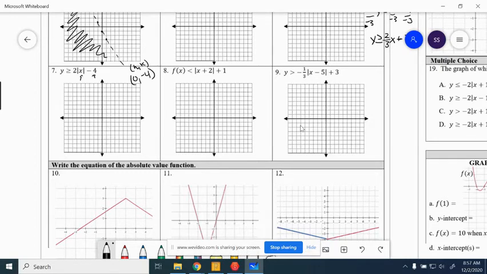This is your k value. So there is our vertex at 0, negative 4. So we're just going to go down 4 on the y-axis. There is our vertex, and our slope is going to be 2 over 1. So we're going to go up 2 over 1.